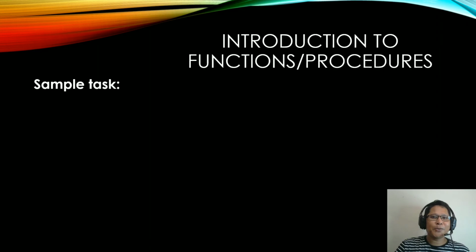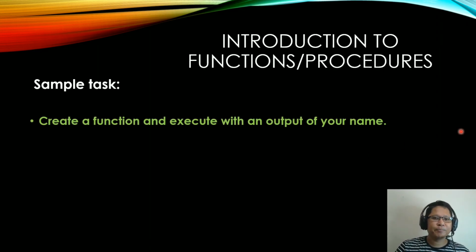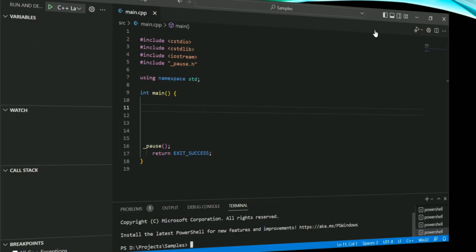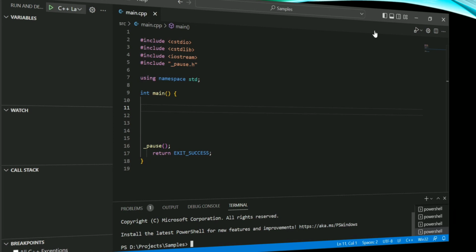Again, it's time to do a sample task. Create a function and execute it with an output of your name. Come on, let's try this one. My task is to print my name using a function. So we are going to use a void function.